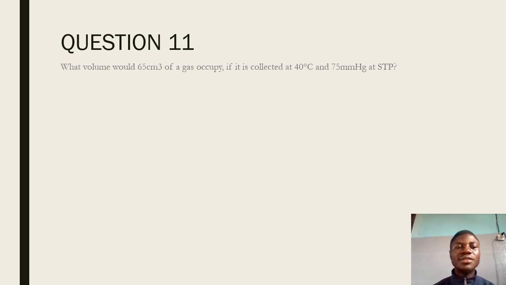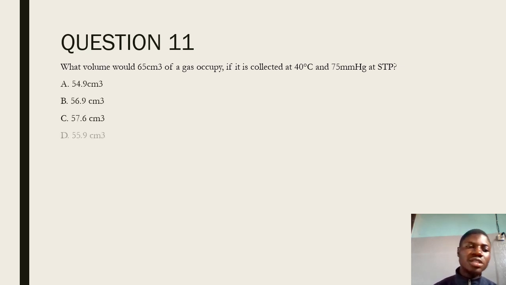Question 11 says, what volume will 65 cm³ of a gas occupy if it is collected at 40 degrees Celsius and 75 millimeters of mercury at STP? Now, for us to calculate this, we must be able to identify and use the combined gas law, which is that of Charles and Boyle.